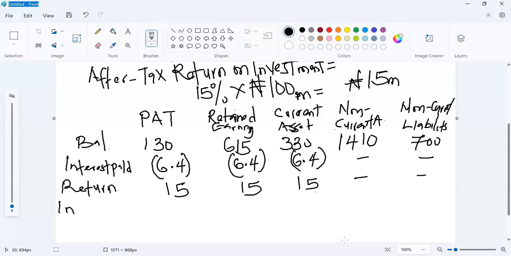Increase in debt will not affect income statements or current assets. It doesn't affect my non-current asset, but it will increase my non-current liability.